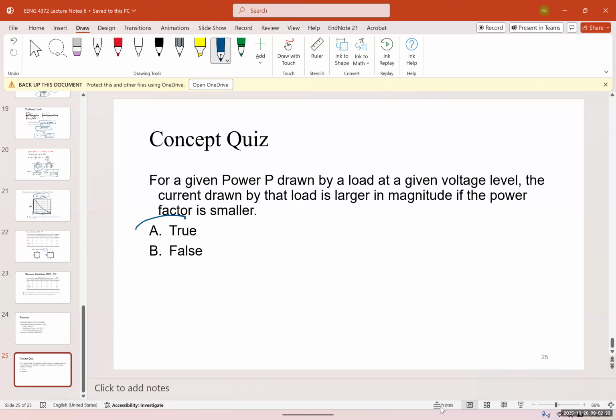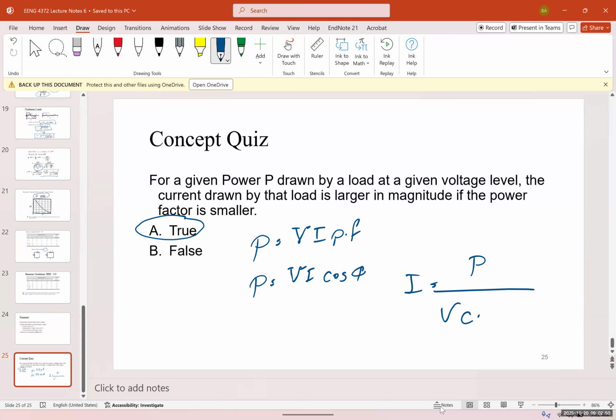So the answer is, it's true. P is VI times the power factor, yes? So P is equal to VI cosine of phi, or theta. Am I correct? Yes. So I would be equal to P over V cosine of phi.